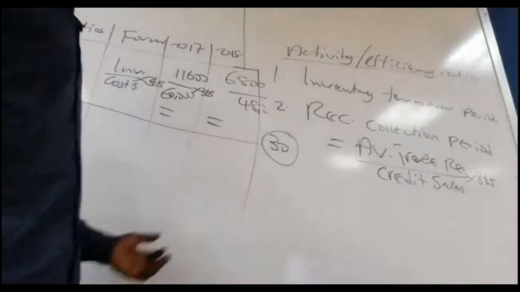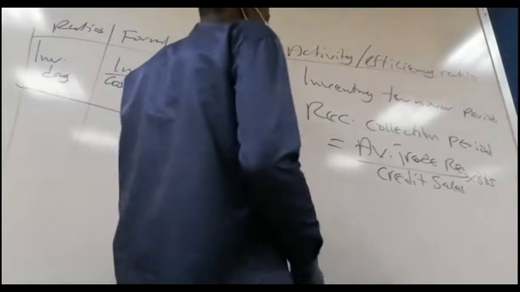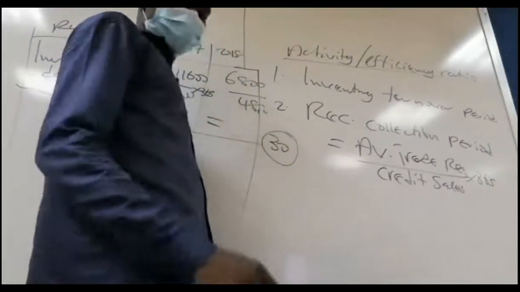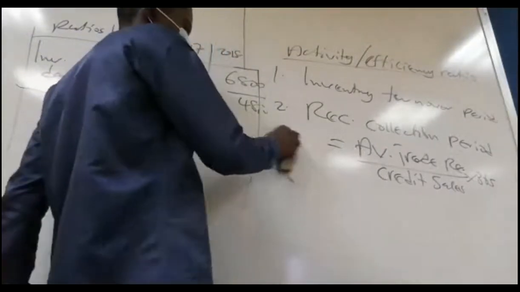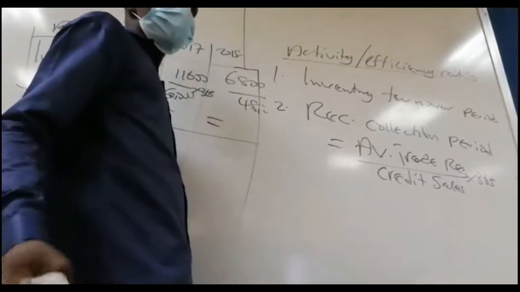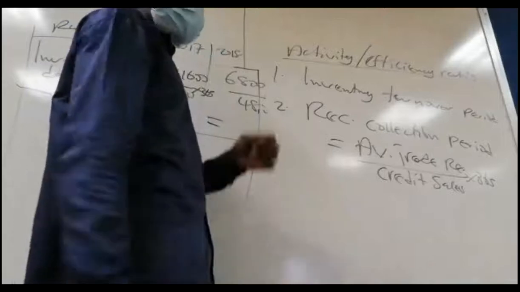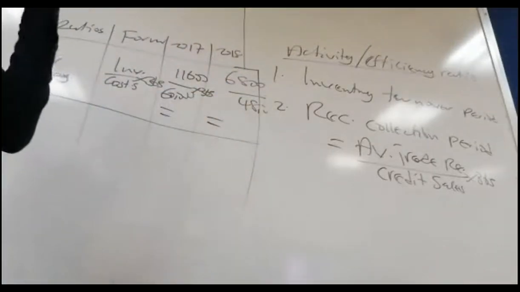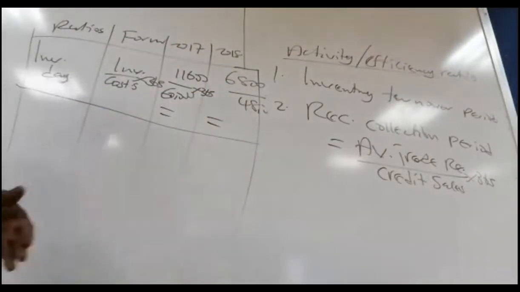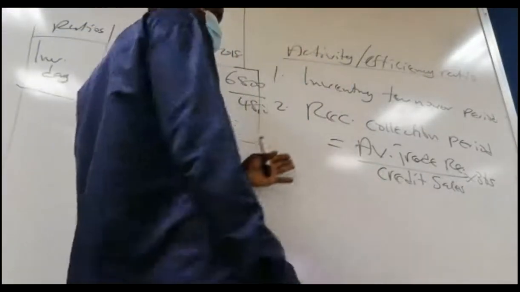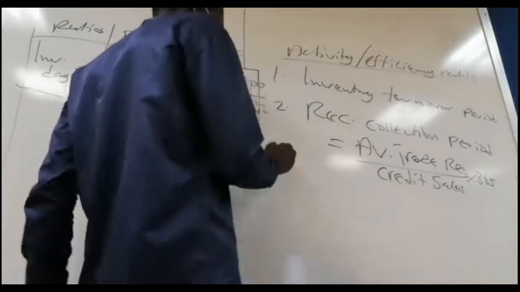So we should also take note of that. We are done with the receivable collection period, benchmark of 30 days. Here too the average rule applies. So you should take note of that. If average, open plus closing, if you can't get the average, just pick that of the closing.